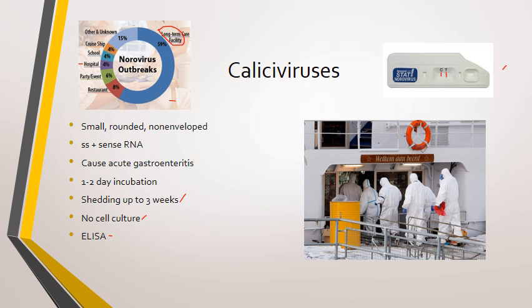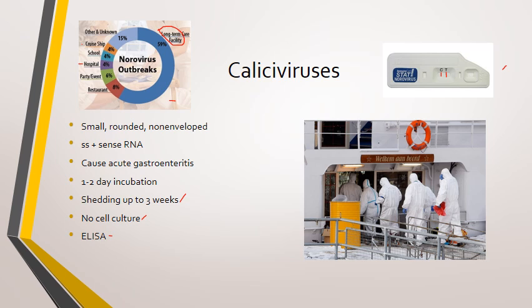The caliciviruses, this is actually a pretty important group in the amount of lost productive time, lost school time, and overall ill feeling that people get from these viruses. That's because this particular group includes the viruses known as norovirus, otherwise known as the Norwalk-like viruses, and we hear about outbreaks of these every year, in particular in the winter, which is when the uptick tends to happen.